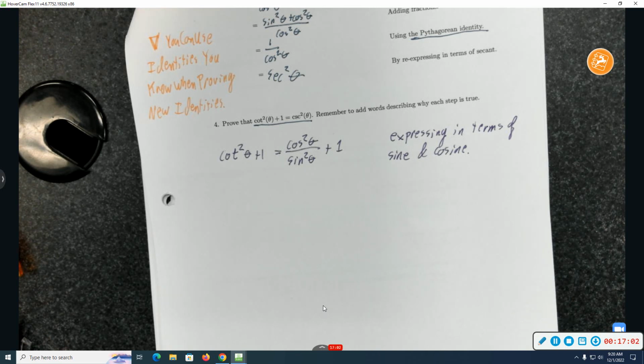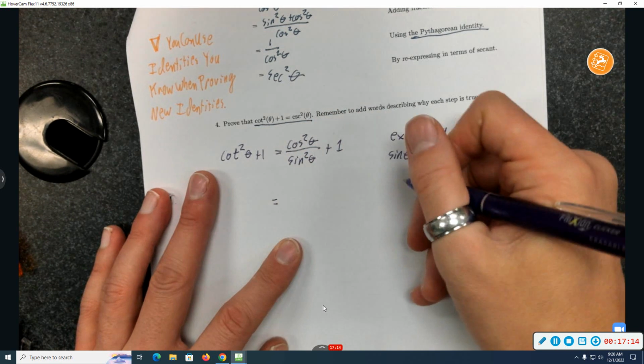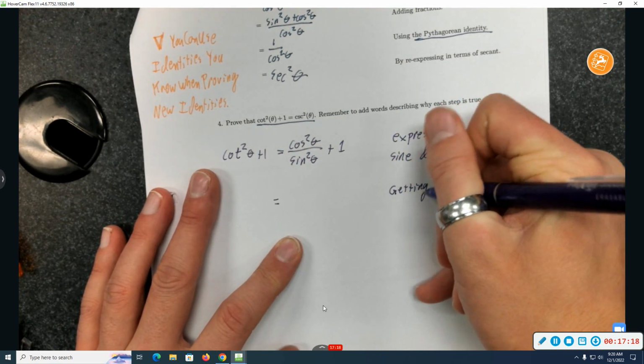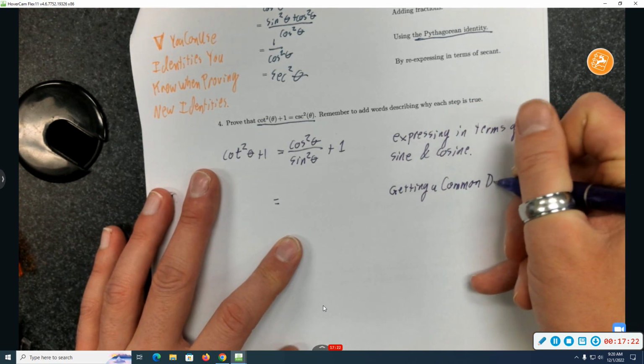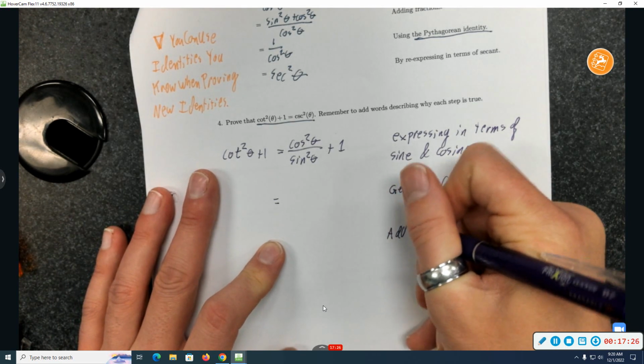What next? Yeah. That's reasonable. Presumably you want to add fractions in a moment too. So let's do those two steps. Getting a common denominator, and I know what the next step is going to be. It's going to be adding fractions.